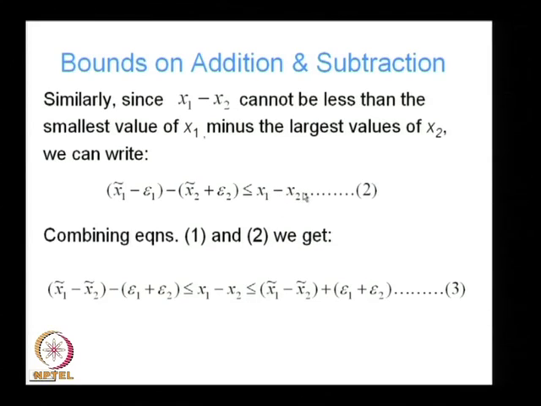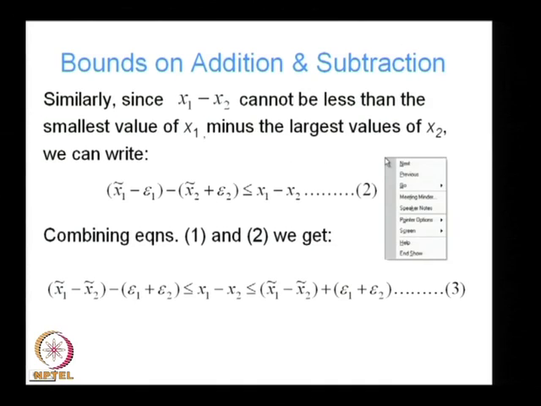Or x1 minus x2 is bounded from below by x1 tilde minus epsilon 1 minus x2 tilde plus epsilon 2, because x1 tilde minus epsilon 1 is the smallest possible value of x1, and x2 tilde plus epsilon 2 is the largest possible value of x2.